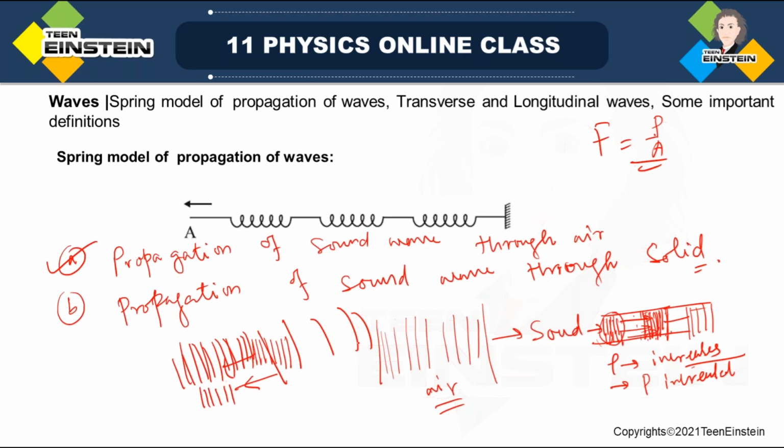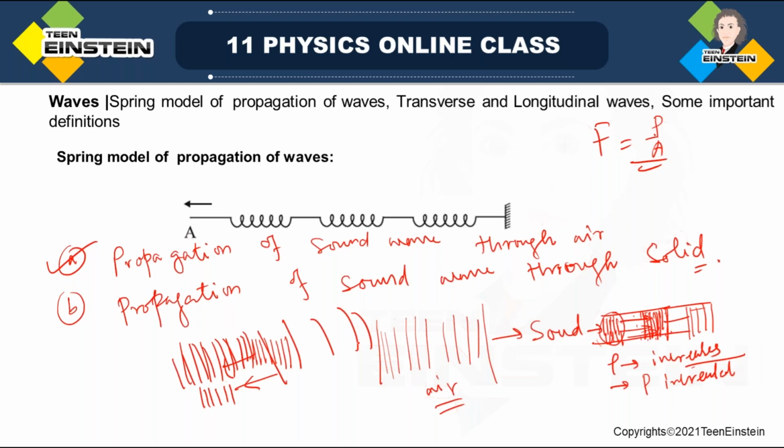So when the gas molecules go from a compressed region to the rarefied or less dense region, they are creating a rarefied region behind and making a denser region in front. Like that, rarefaction and compression both are traveling in a particular direction.